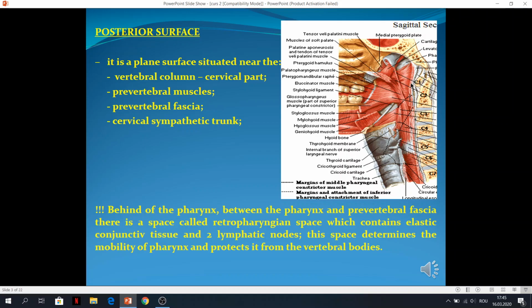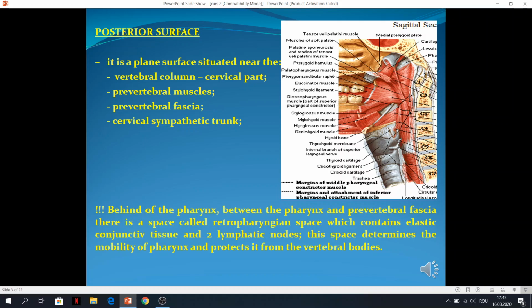The posterior surface of the pharynx is located in front of the vertebrae, but you know that the vertebrae present in front the body, the vertebral body. Actually, right here you can see it's like a thin line. There is a plane, a muscular plane, because it's in front of the vertebrae. We can say it's the prevertebral muscular plane.